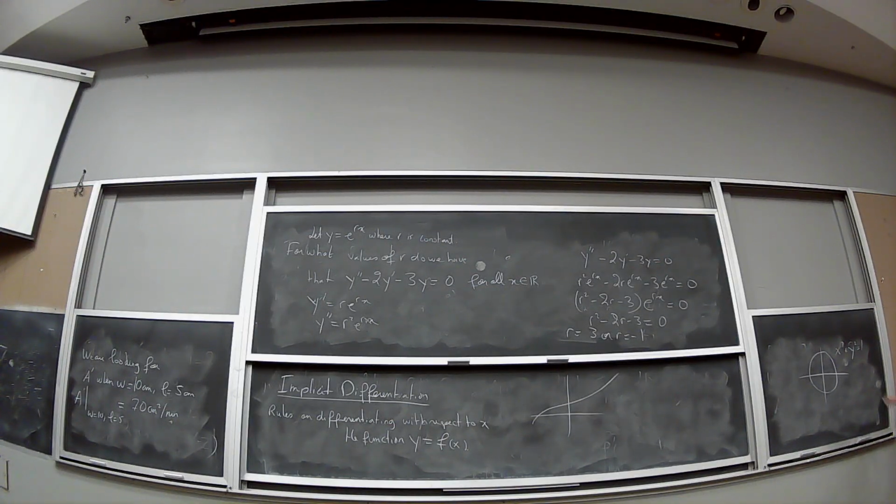The thing is, is this the graph of a function? Is this the graph of a function? No. Why is it not the graph of a function? Who can help? Yeah? It doesn't pass the vertical line test. Yeah, could you give an example of why it doesn't pass the vertical line test?